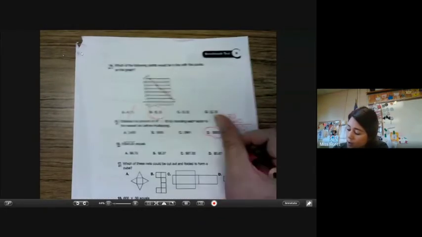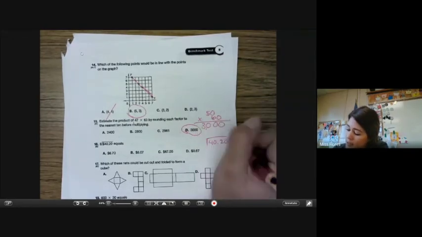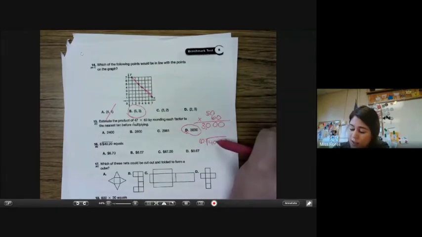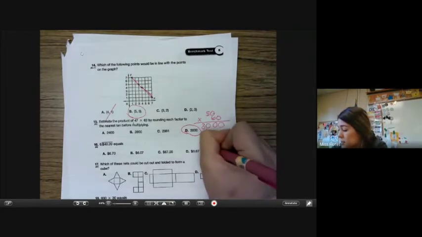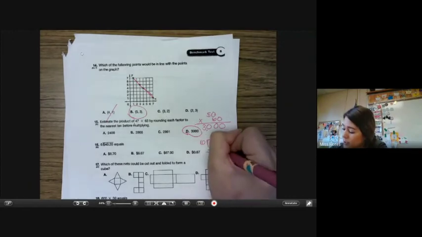16, $40 and 20 cents. Divide by 6. Okay, how many times does 6 go into 40? 6 times. 6 times 6 is 36. So 40 minus 36, and you get 4.